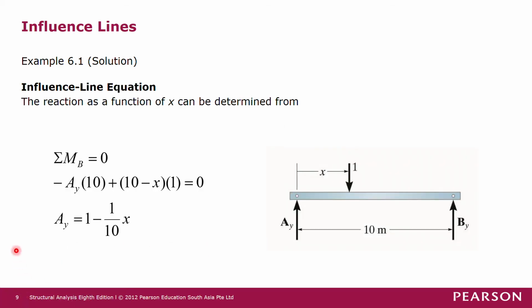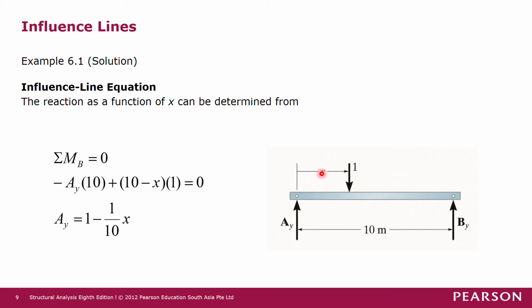Next, if we want to use the influence line equation, then we may use the reaction as a function of x determined from this free body diagram. So now we don't fix the location of x.